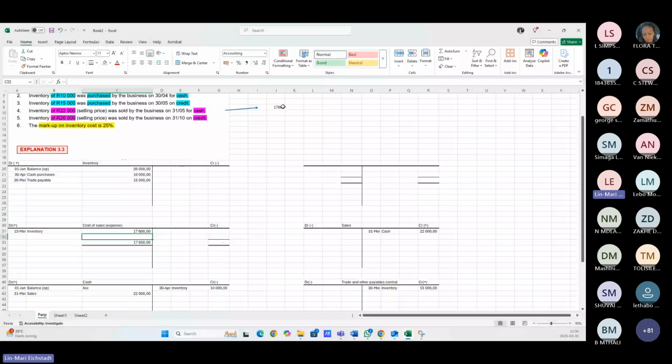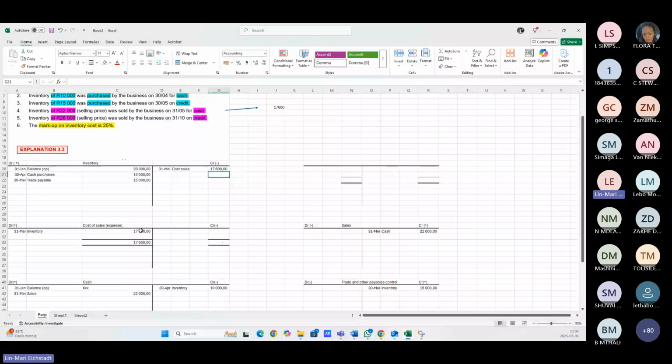And then our contra account to that would be, on 31 May, apologies, 31 May. So our contra account of our cost of sales is what happened. Our inventory decreased, right? When we were selling something, our inventory decreased, just as our inventory increased when we purchased something. So when we sold these goods, the 22,000 for cash, our inventory decreased, and that originated a cost of sales.